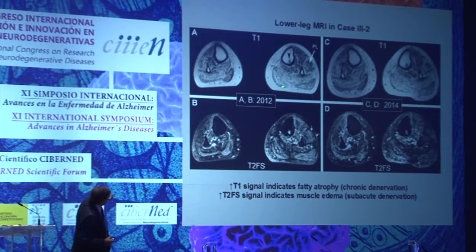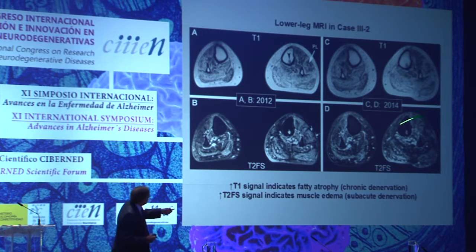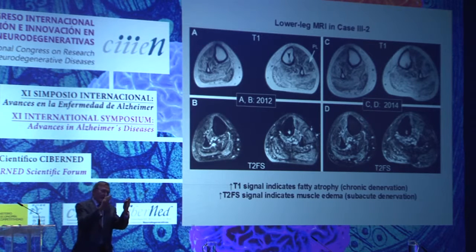Increase of T1 signal indicates fatty atrophy. Increase of T2 fat suppressed signal indicates edema. This is characteristic of subacute denervation. And two years later, there is an increase in the degree of fatty atrophy, while the edema subsides.